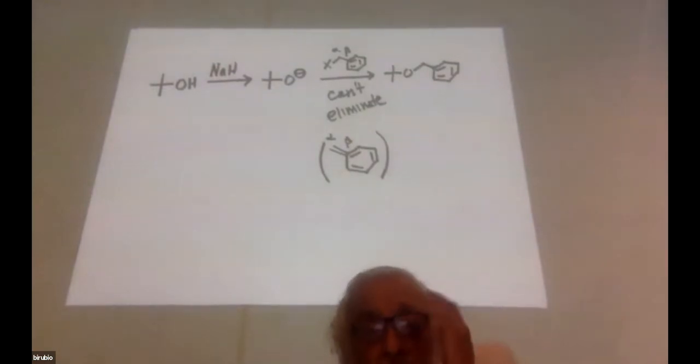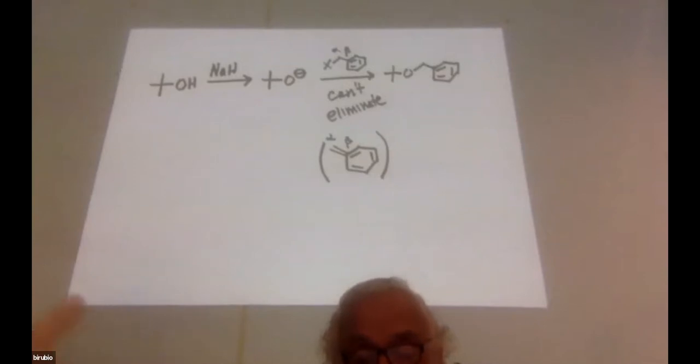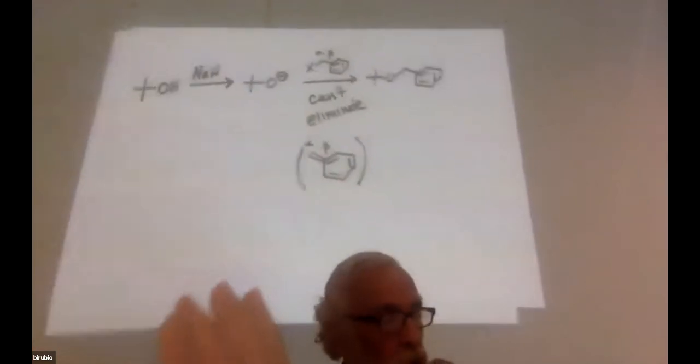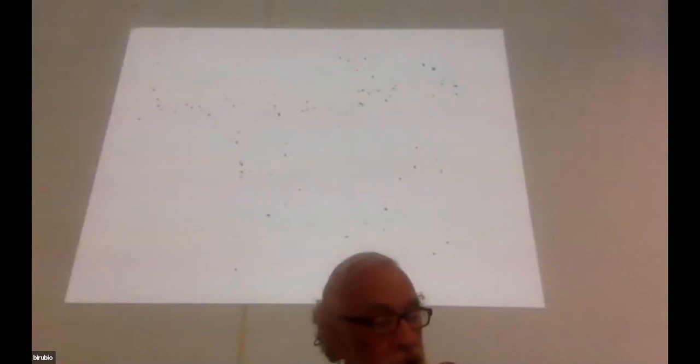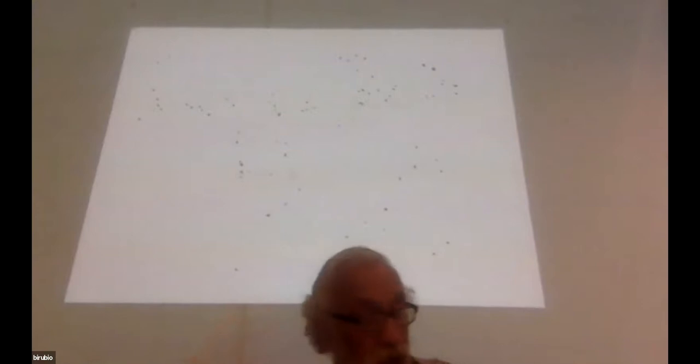So under special circumstances, when the alkyl halide can't undergo elimination, then a tertiary alcohol is okay, but that's just, you know, a very narrow scope. Okay, so that's one of the limitations of the Williamson.